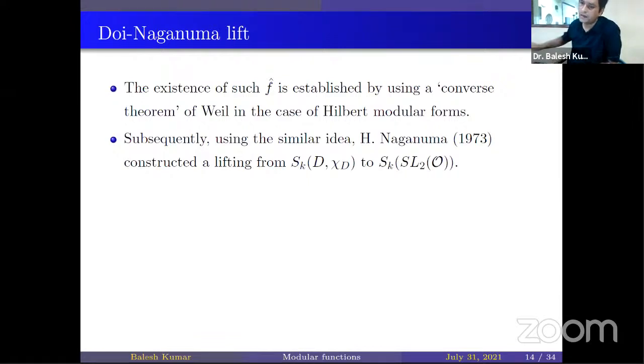So using that, they proved that such a Hilbert Hecke eigenform does exist.